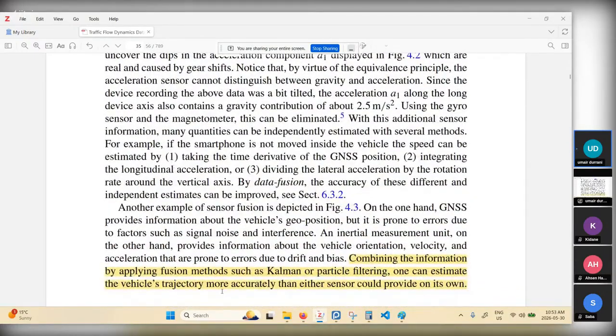One important thing that they mention here is that if we use data fusion, which means that all the data that we are getting for the floating car data, including the extended floating car data, plus if we also get information about trajectories, we can combine these, and this is called data fusion. So if you combine different sources of the data and correct them, then you get a much more accurate picture of the traffic flow.